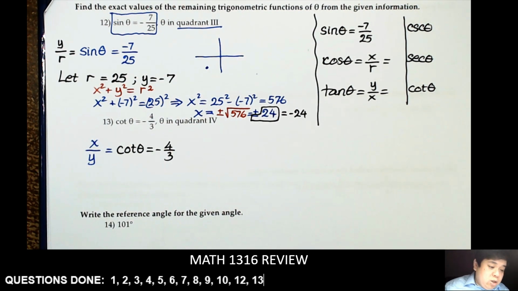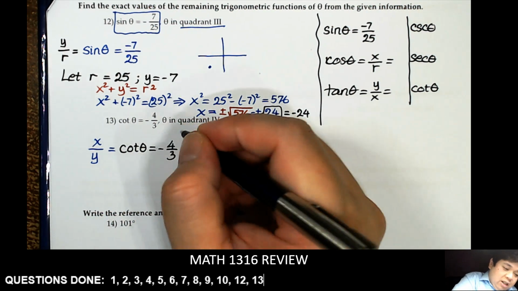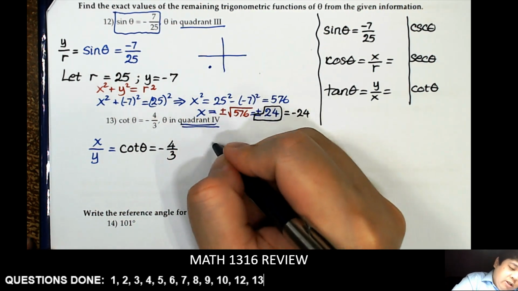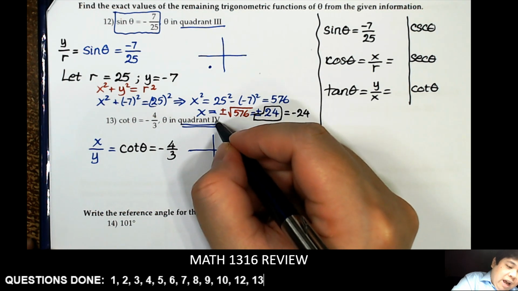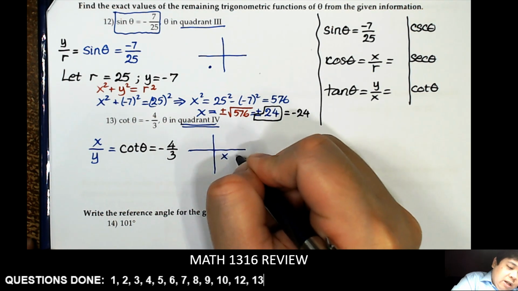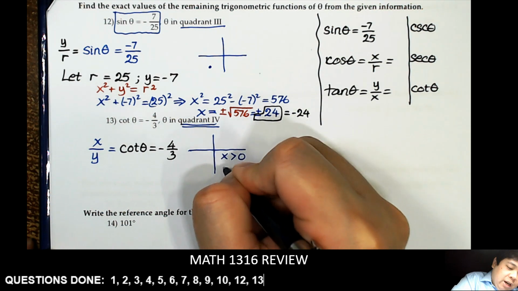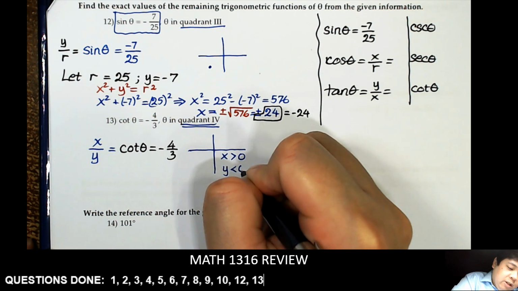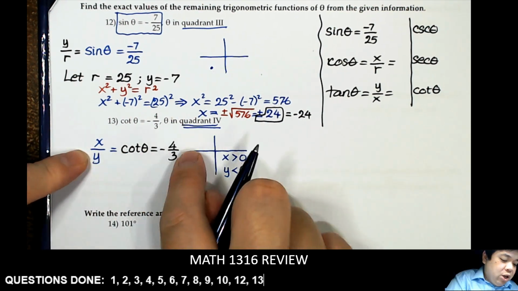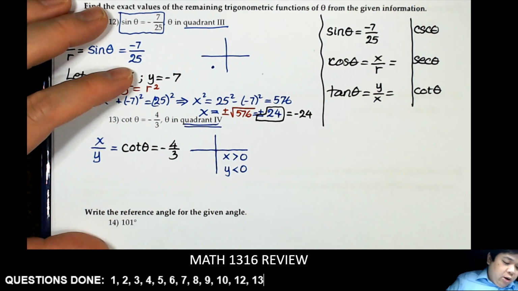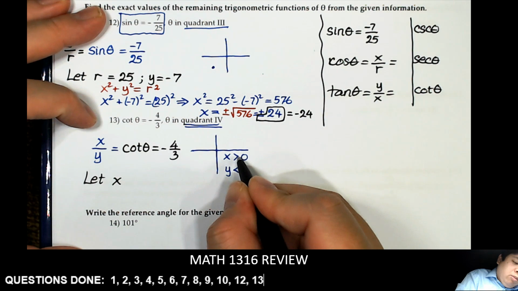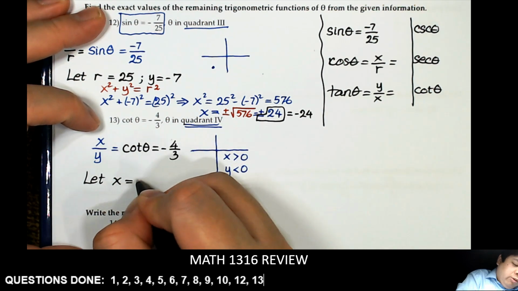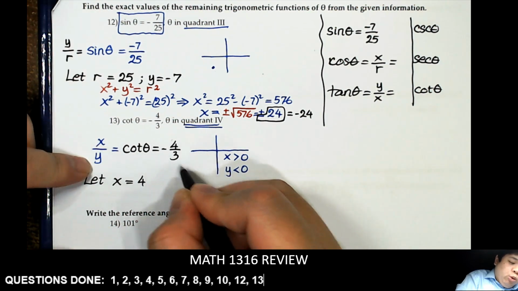We need to consider it is in quadrant 4. So in quadrant 4, x is positive and y is negative. So since the ratio is negative 4 over 3, we have to let x be something positive. So we choose x to be 4, and then the negative will go with y.